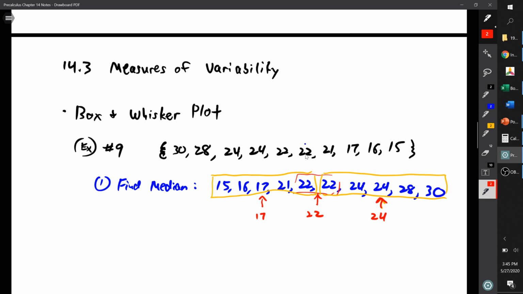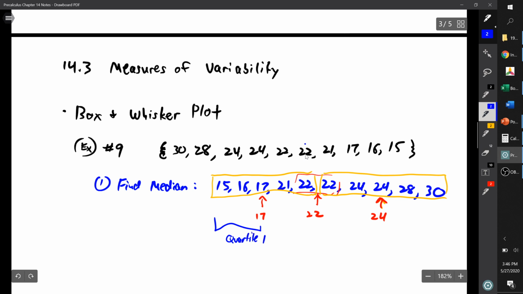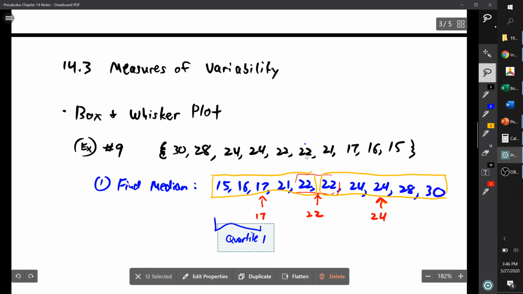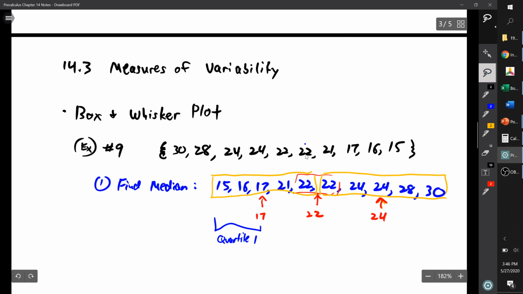These medians split the data up into four quartiles: quartile 1, quartile 2, quartile 3, and finally quartile 4.